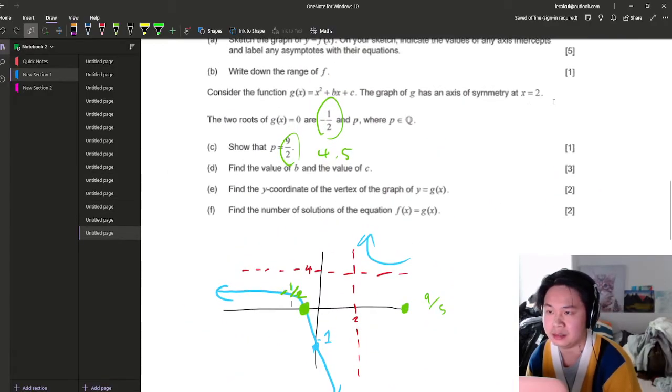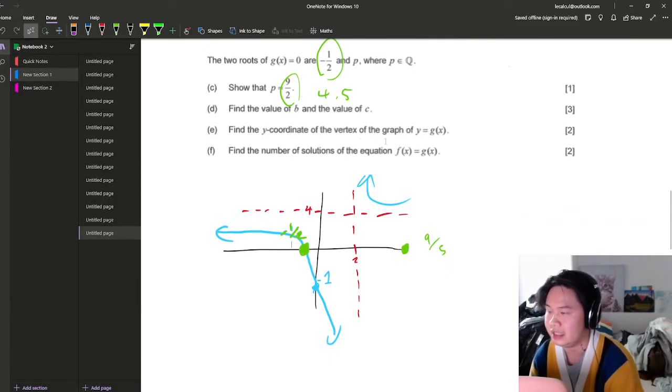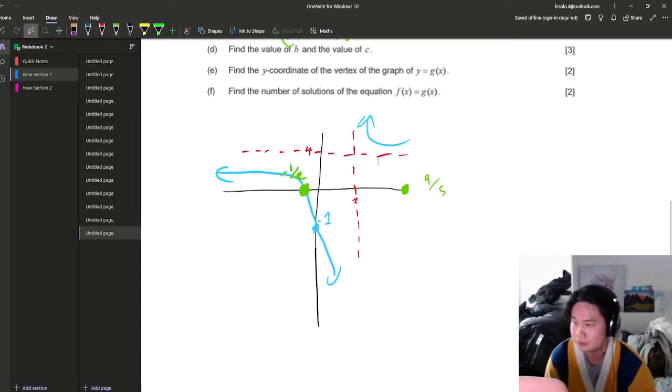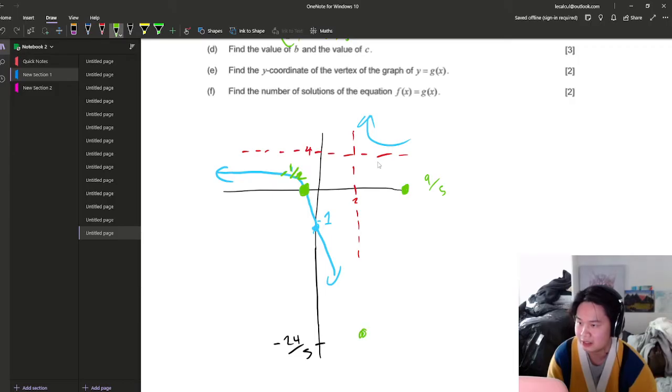Yeah, axis of symmetry is 2, and then -25/4, that's pretty far down here. Like, that's almost -5. Okay, so your vertex is going to be down here, right?